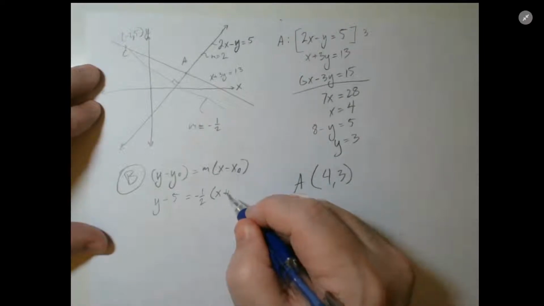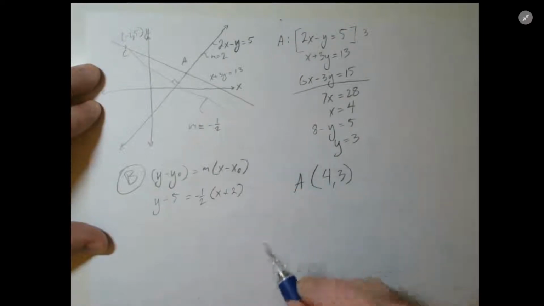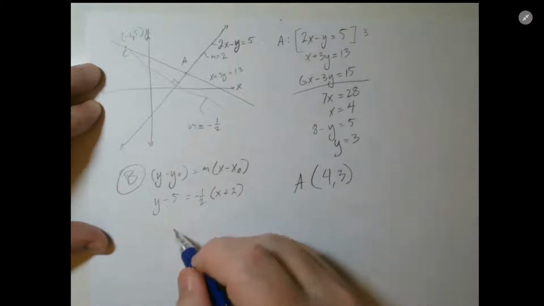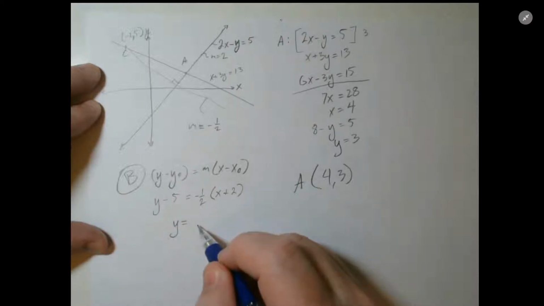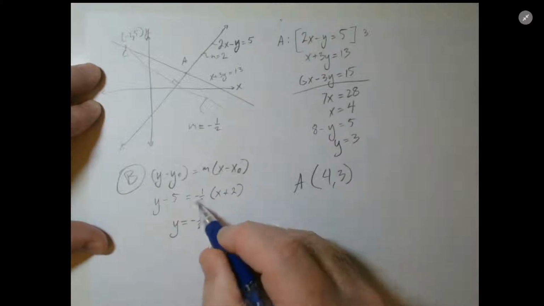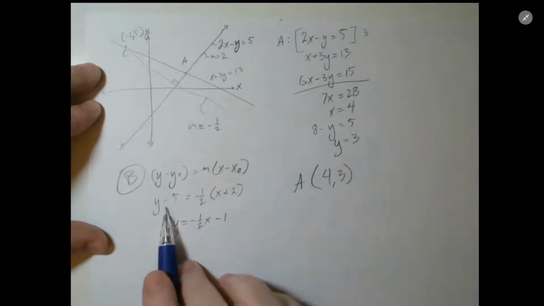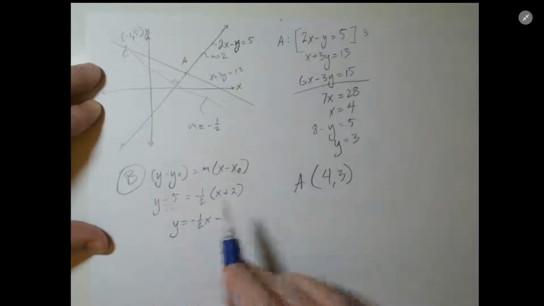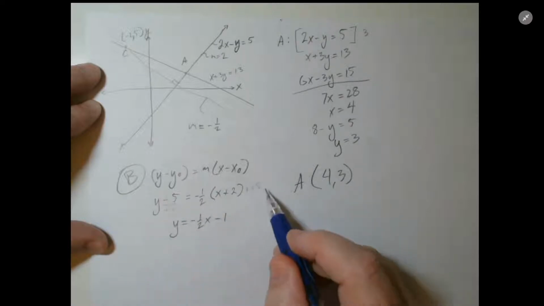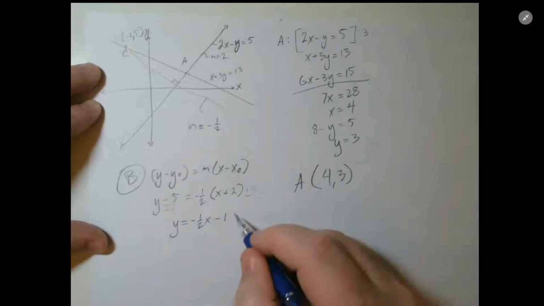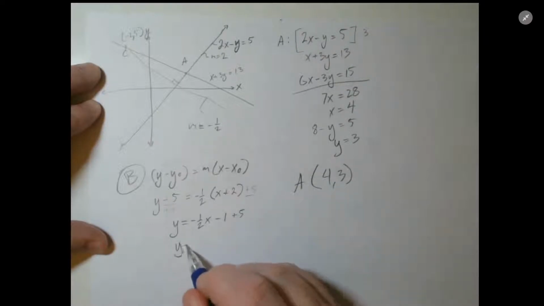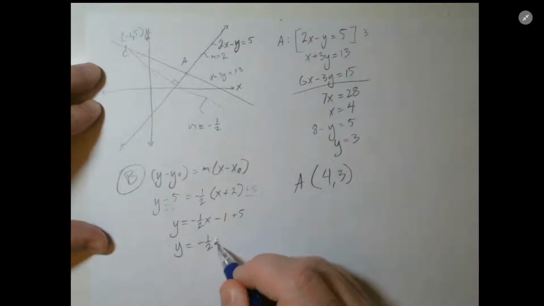Subtracting a negative means you add 2. So I get y equals negative 1/2 x minus 1. And then to get this over to this side, I have to add 5 to both sides. That's where it came from. Plus 5.